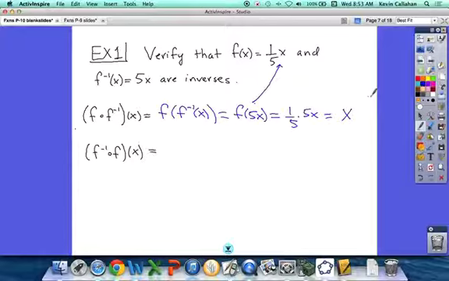Okay, now let's reverse the order and see what we get. f minus 1 of f of x. f minus 1, and we'll replace the f of x with what it equals, 1/5 of x.